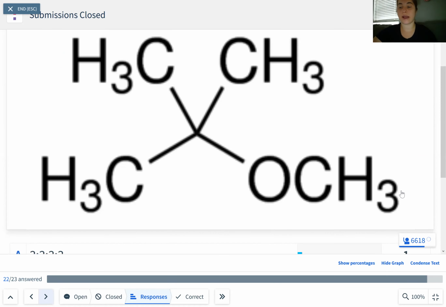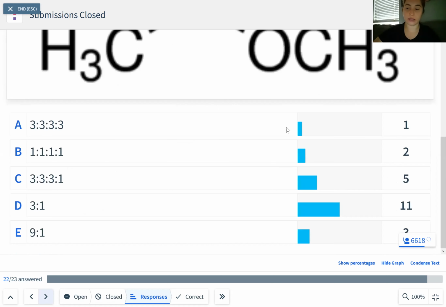These 3 hydrogens would be different from these other ones. So you have a ratio of 9 to 3, which simplifies to 3 to 1. So the people who put in 3 to 1 are correct. But I feel like a lot of these were kind of seeing the right idea. So that makes me really happy.